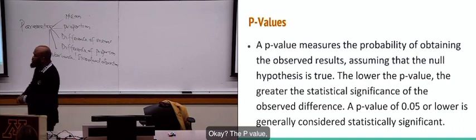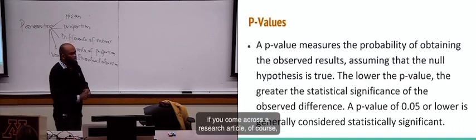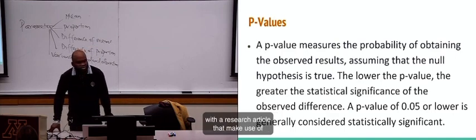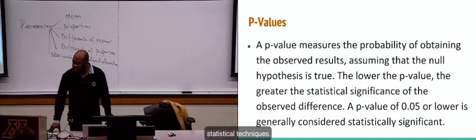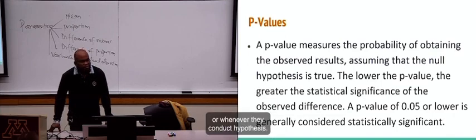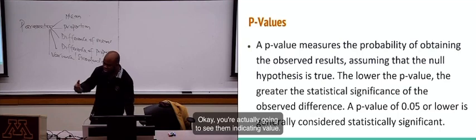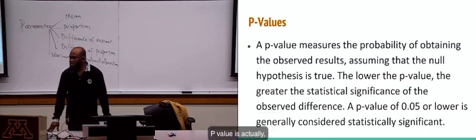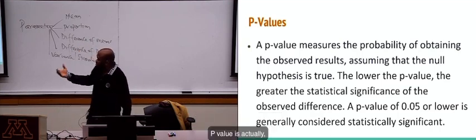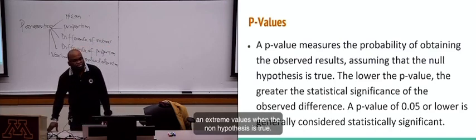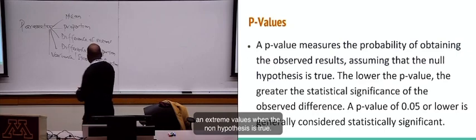Okay, let me go to the p-value. If you come across a research article that makes use of statistical techniques, whenever they conduct hypothesis tests, you're going to see them indicating the p-value. The p-value is the probability that we observe an extreme value when the null hypothesis is true.